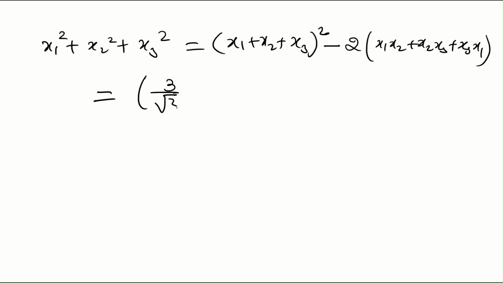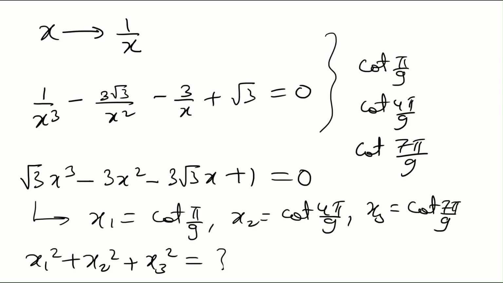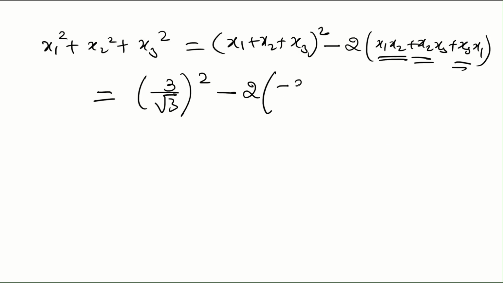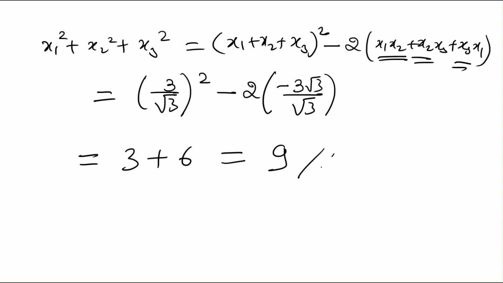We are using theory of equations to find the sum of roots minus twice the sum of roots taken 2 at a time. So for this cubic equation, the sum of roots taken 2 at a time will be negative 3 root 3 divided by square root of 3. Negative 3 root 3 divided by root 3. And we can very easily simplify it. Square root of 3 squared, that is 3, plus 6, and the answer is coming out to be 9.